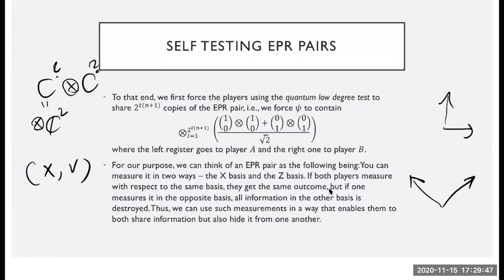So if you just measure everything according to the Z basis, you get both the point and the line. What we need to do is somehow check that the point player only read the X part, and the line player somehow read enough out of X and V such that it doesn't know anything specific about X, except that it is on the line that it got.